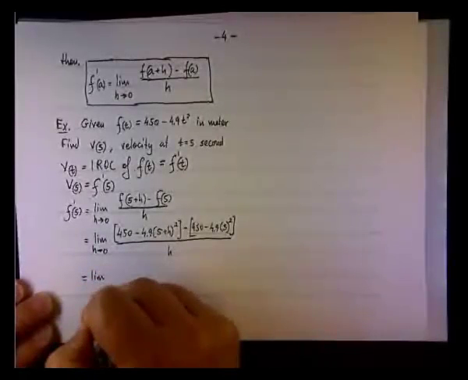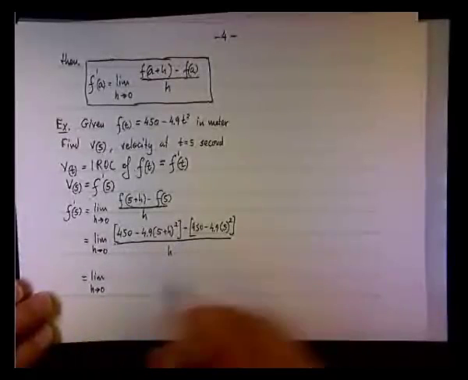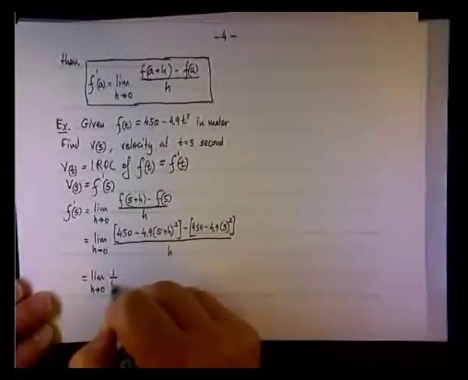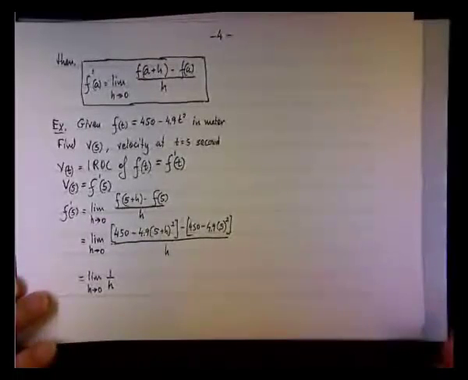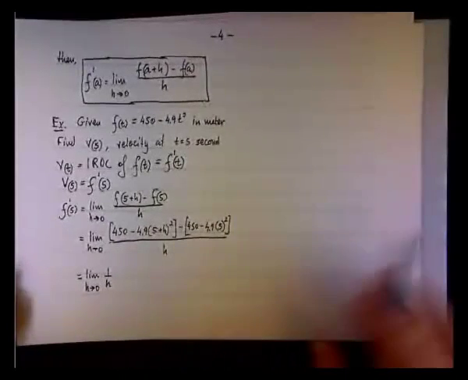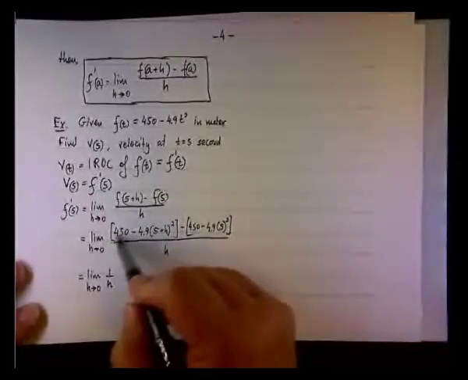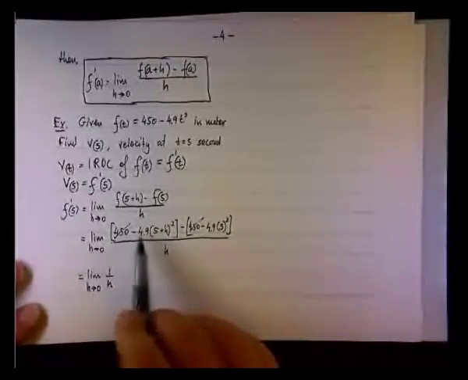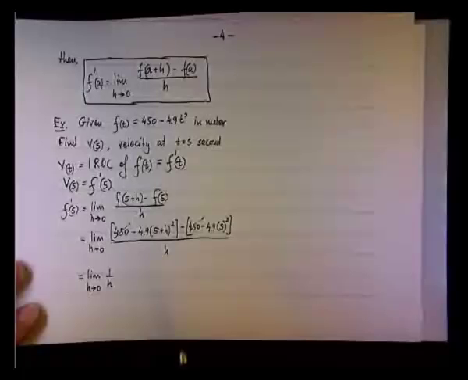Let's see how this works out. The limit, it's easier, instead of dividing by h and having a very long fraction bar, I'm going to multiply everything by 1 over h, which is the same thing. It just saves me the need to use a very long fraction bar. And now, what I see right away is that 450 minus 450 cancel each other, so I don't need to mess with those. So after reducing 450 and 450, I have 4.9 multiplying this binomial, and 4.9 multiplying this monomial.